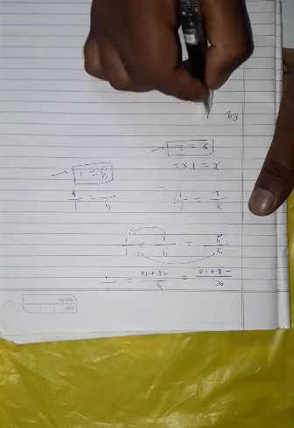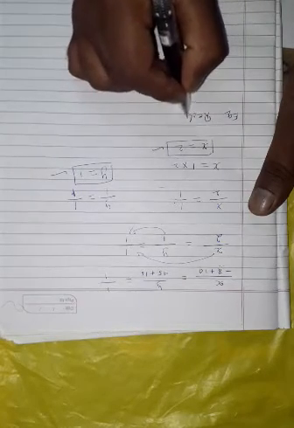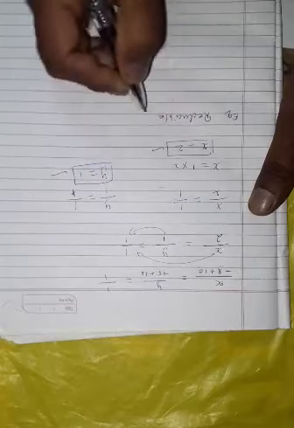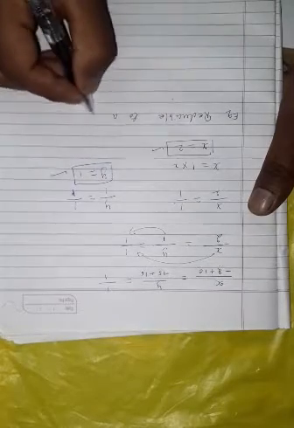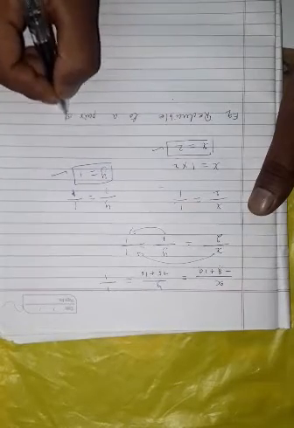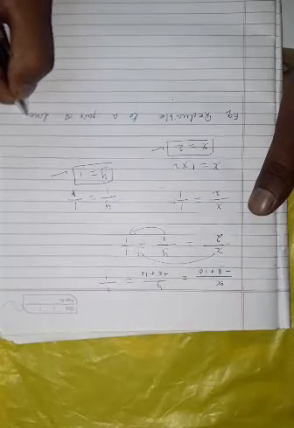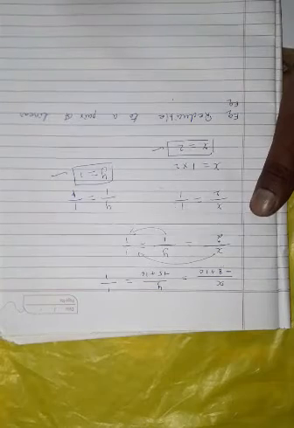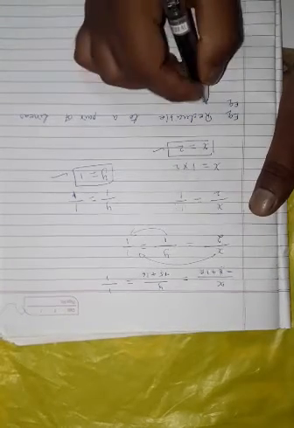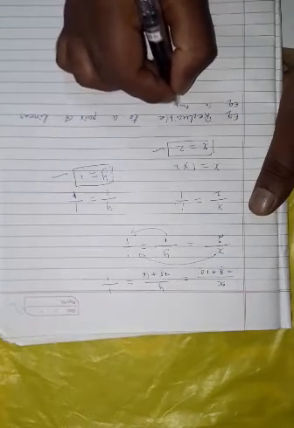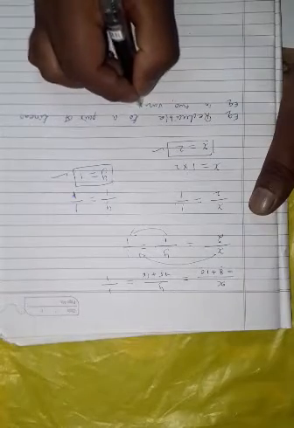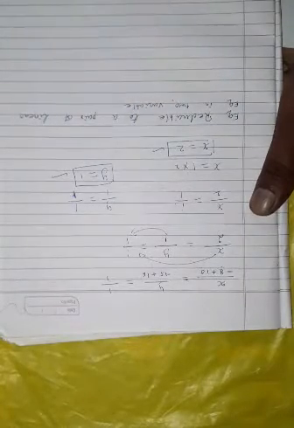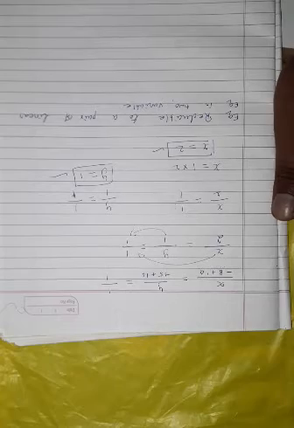Shortly, I am writing: equations reducible to a pair of linear equations in two variables, because we are dealing with the chapter pair of linear equations in two variables, so that's why.